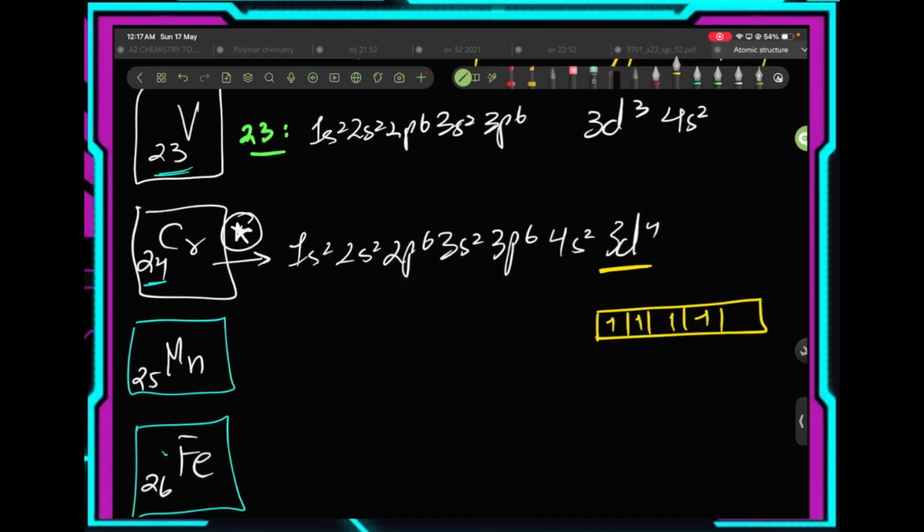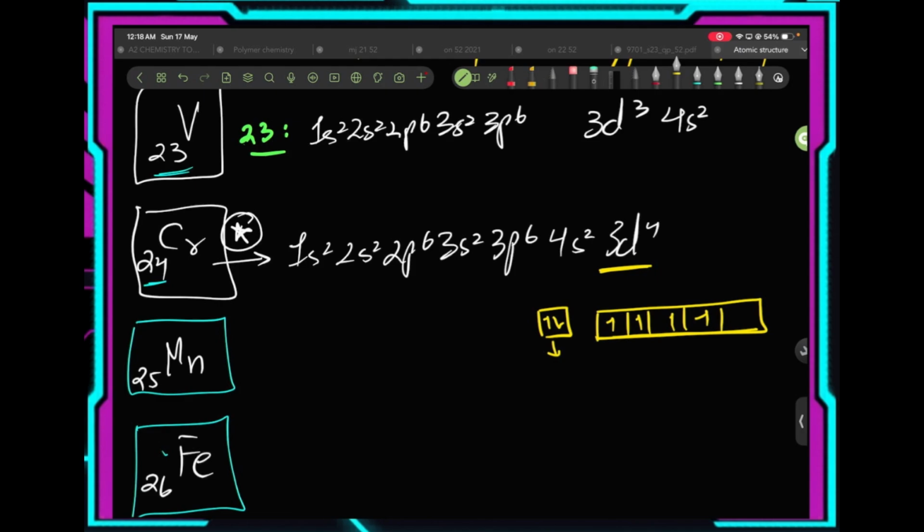And how many does the 4s orbital have? 2 electrons. Now you need to consider: is there any other possibility that would be a more stable electronic configuration for chromium? Yep. If 3d becomes a half filled orbital, it would be more stable than a partially filled 3d4 orbital, right?